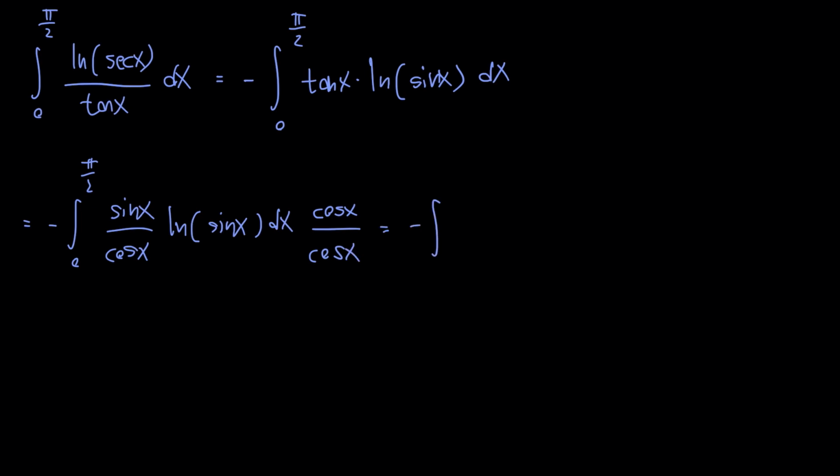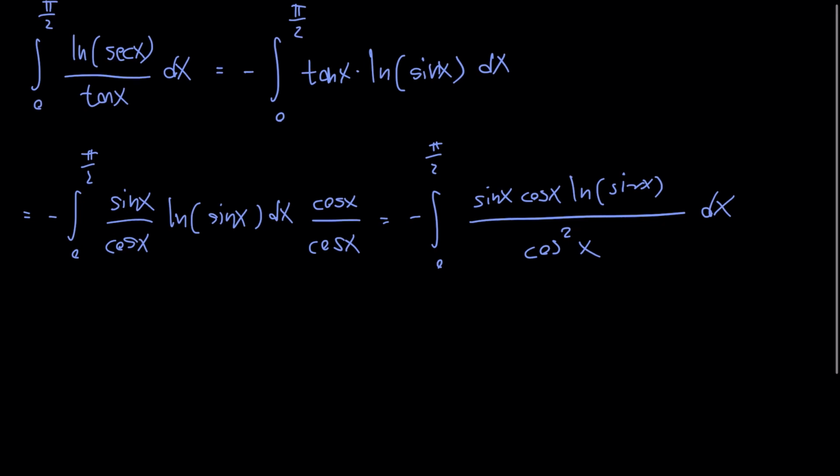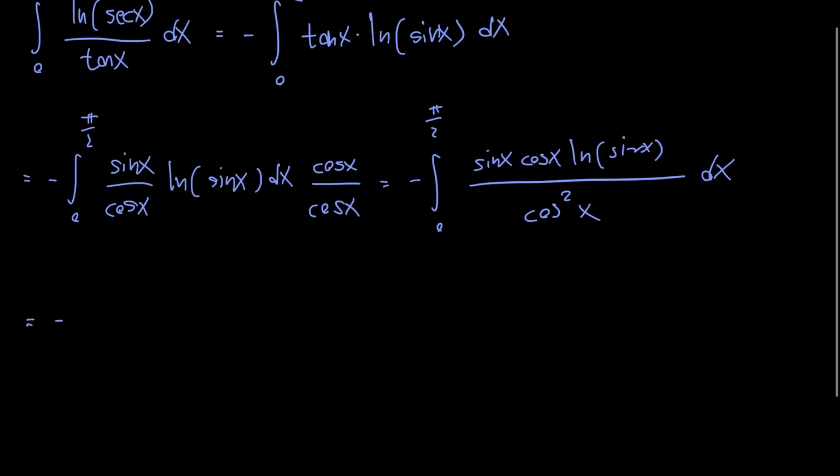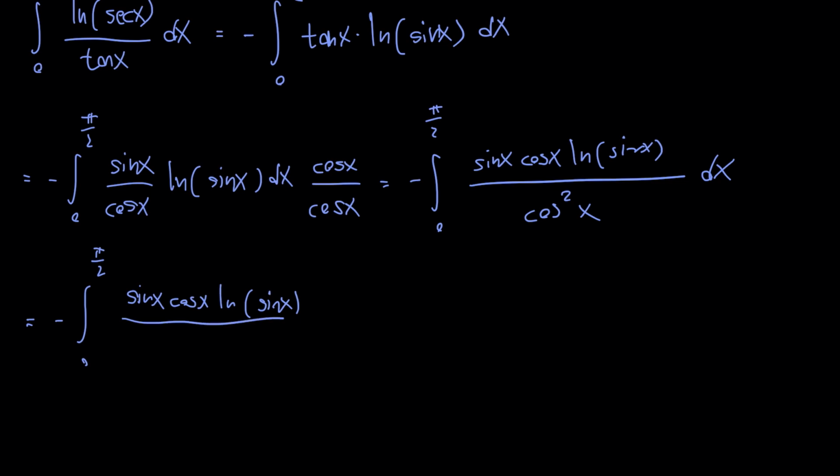This is equal to negative the integral from 0 to pi over 2 of sine x cosine x ln of sine x divided by cosine squared x dx, where cosine squared can be represented as 1 minus the sine squared of x.